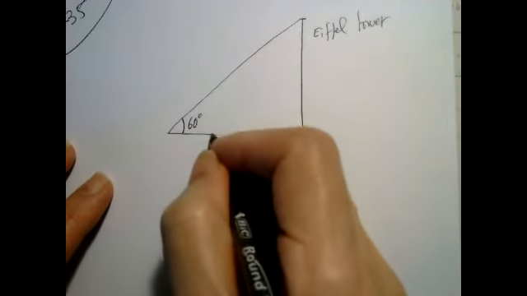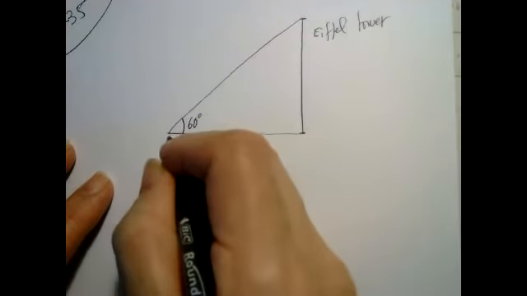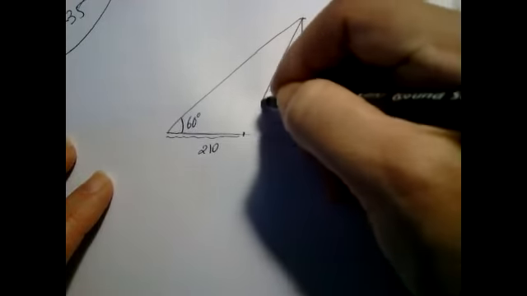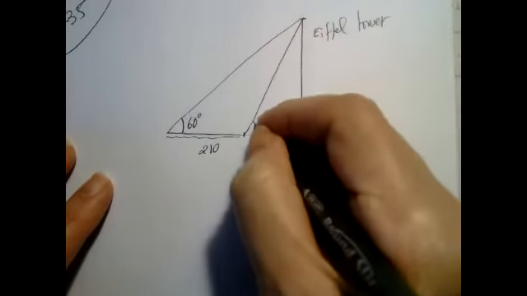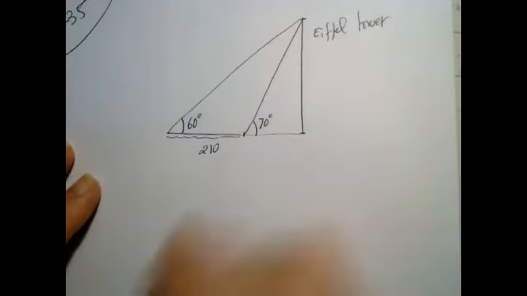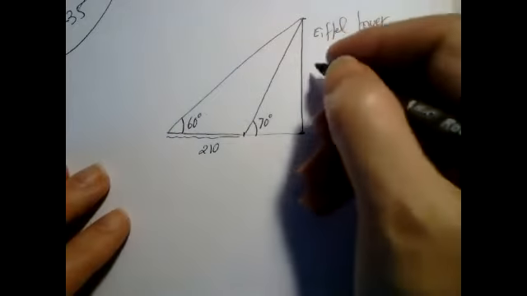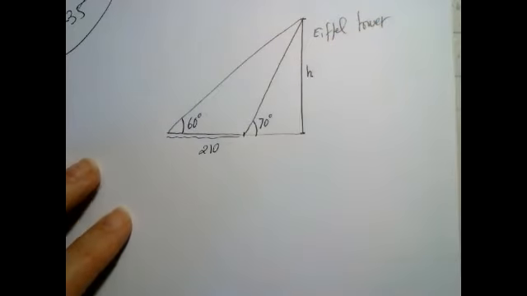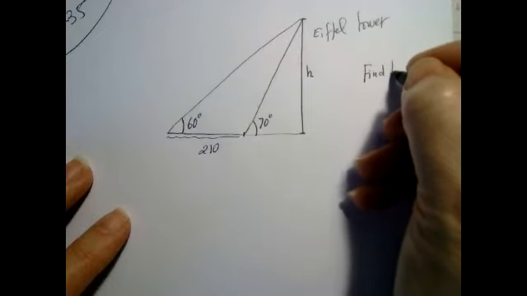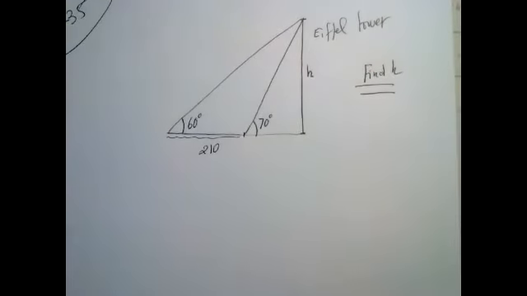Then we move a little bit, 110 feet, and the angle is measured again. And now the angle is 70 degrees. Of course, the angle gets larger. Okay, how can we use those two pieces of information to figure out h? So we need to find the height, we need to find h using the given. All right, I expect ideas.